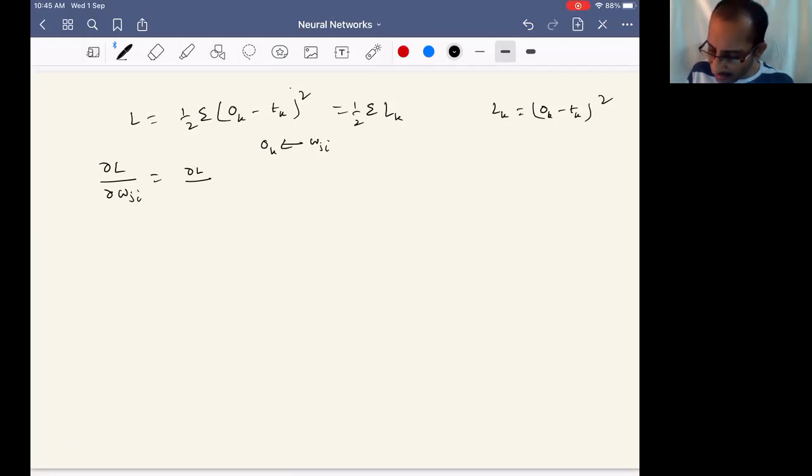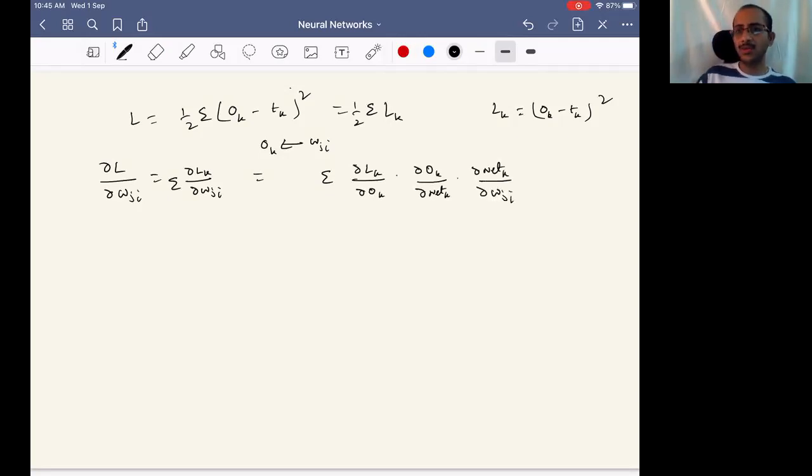So dou L by dou Wji can be written as the sum over k of dou Lk by dou Ok, into dou Ok by dou net k, into dou net k by dou Wji.